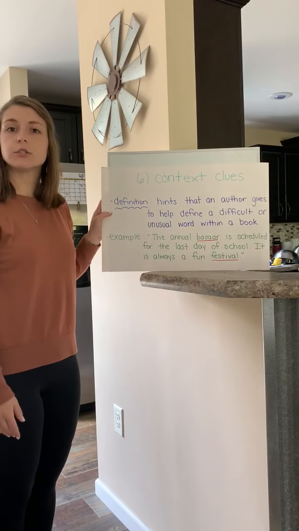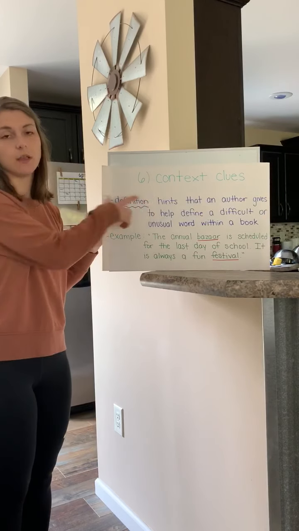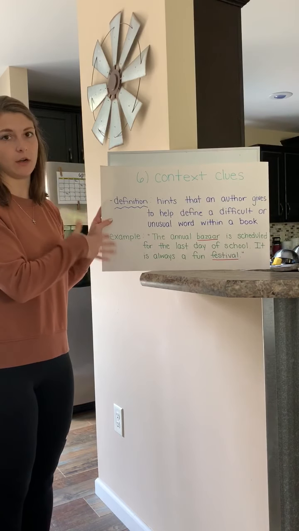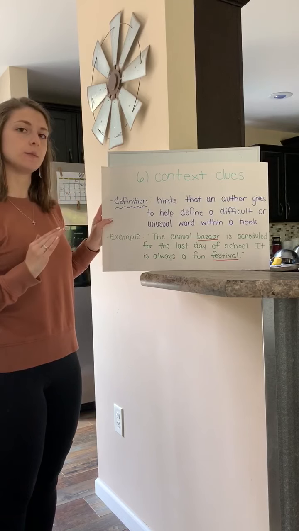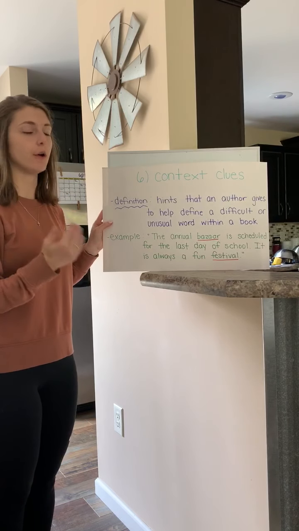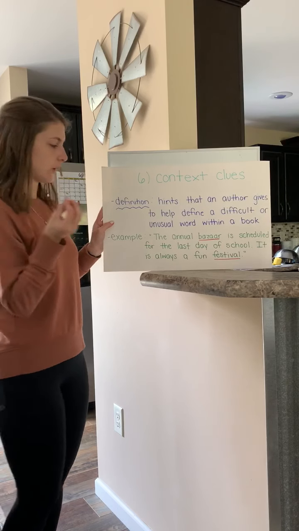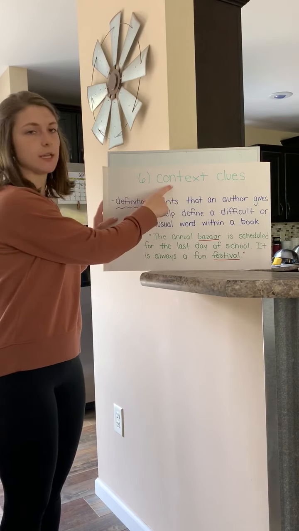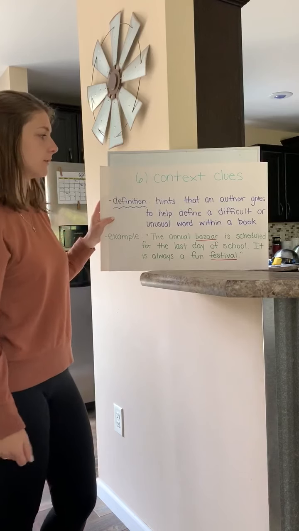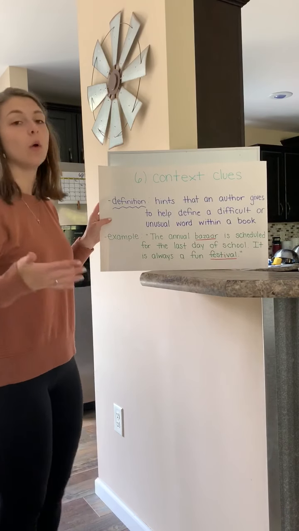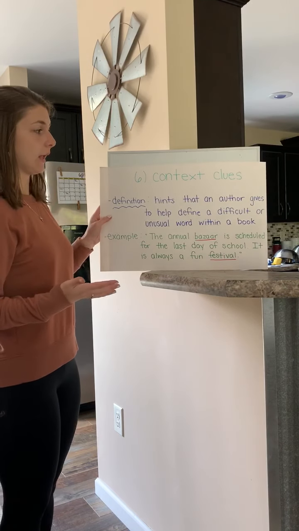And our last term is context clues. These are very, very important. And all the key terms that we had just learned, the 5 before, context clues kind of sums them all up, okay? So the definition of context clues are hints that an author gives to help define a difficult or unusual word within a book.